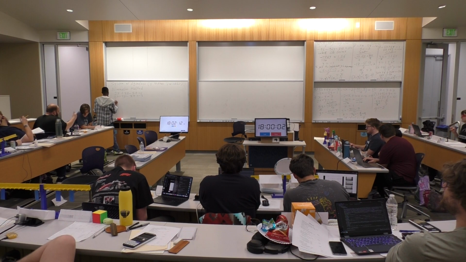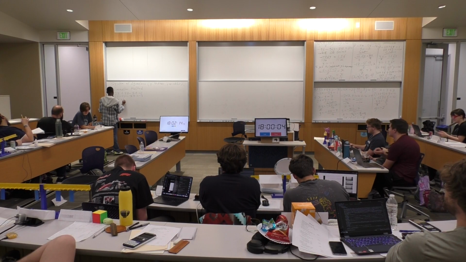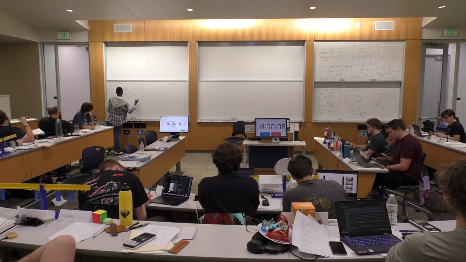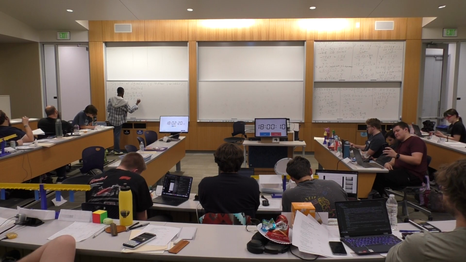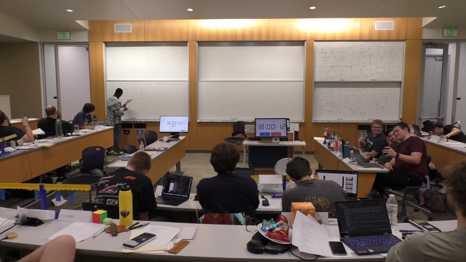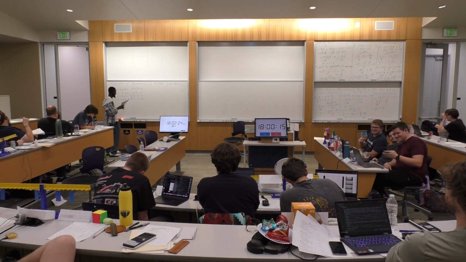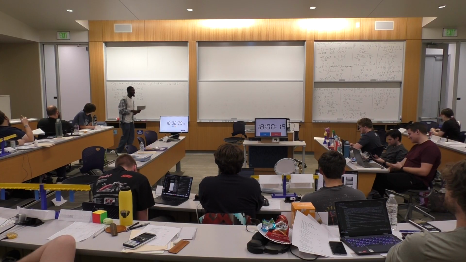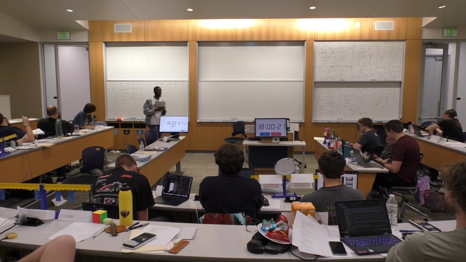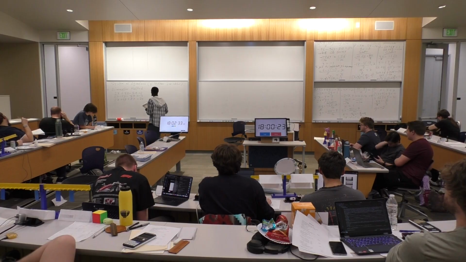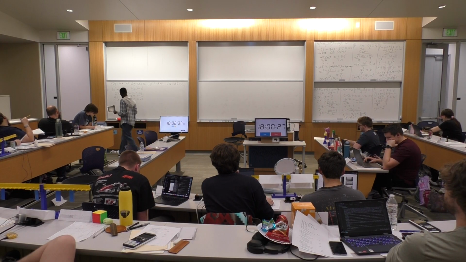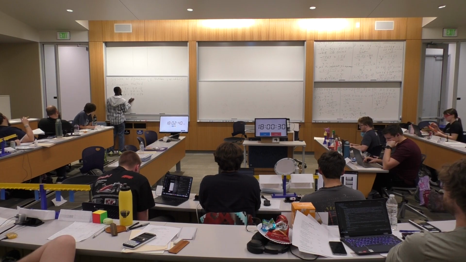The next one is 2x plus 5y plus 8z equals 27. So I want to solve this using elimination method. So what do you do? Solution.